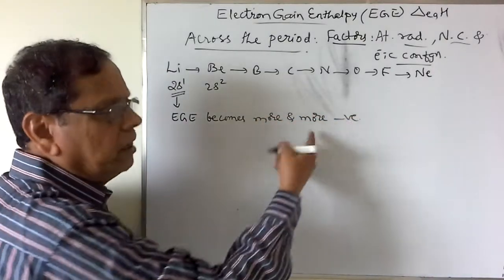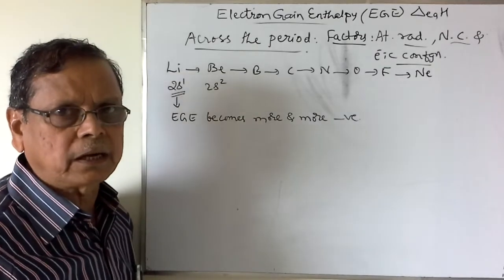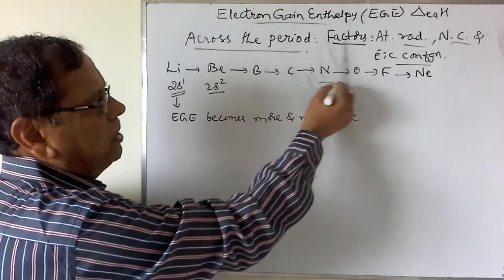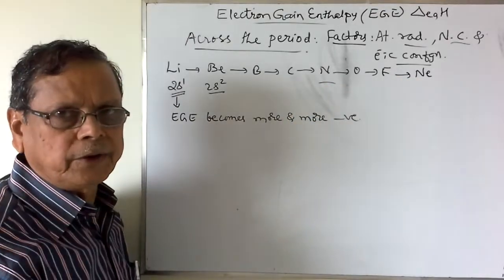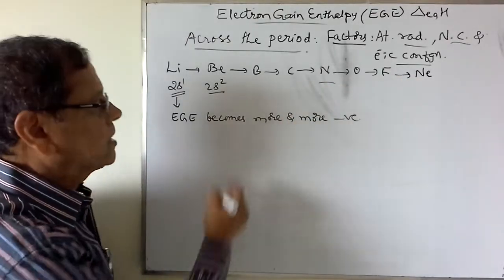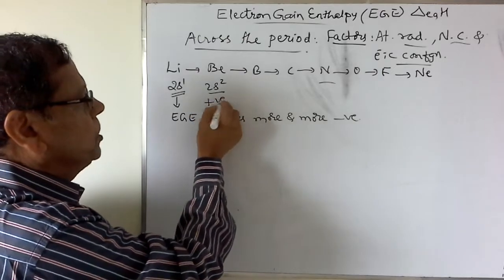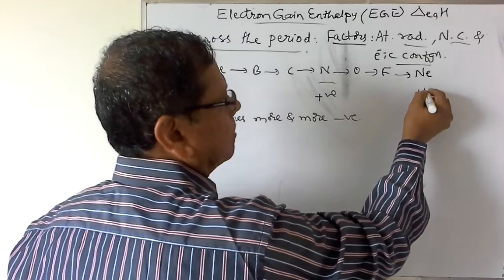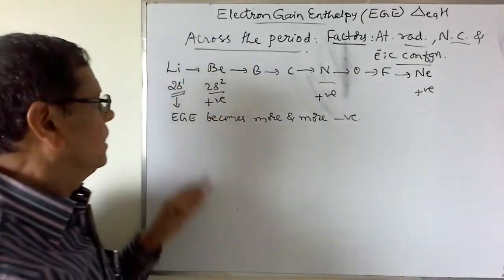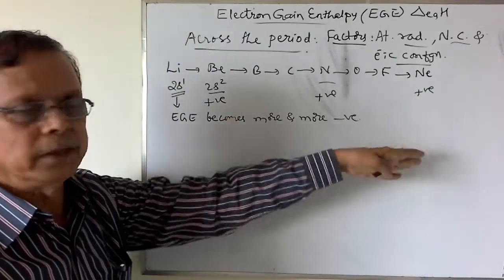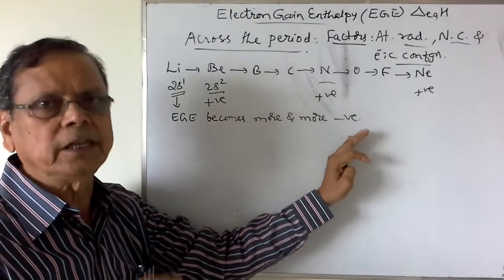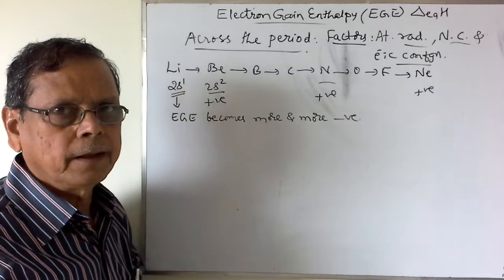But there is no regular variation in the trend of this electron gain enthalpy, because in some cases we have completely filled or half filled configurations. Exceptions: beryllium has positive, nitrogen has positive, while neon has positive. Otherwise, there is a gradual increase in the electron gain enthalpy. Increase in the electron gain enthalpy means it becomes more and more negative.